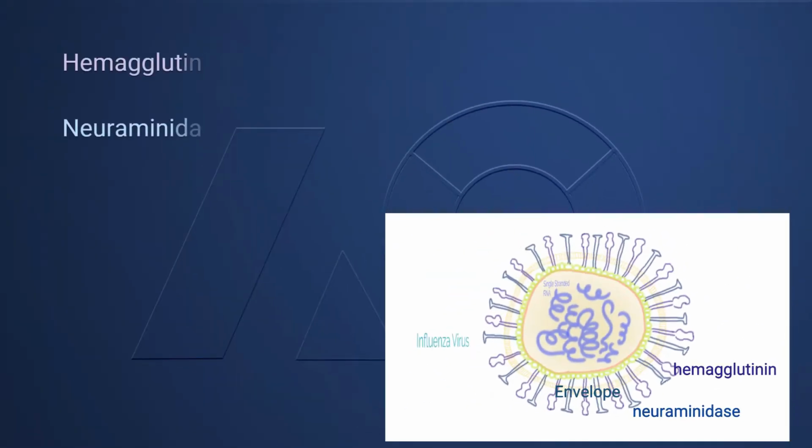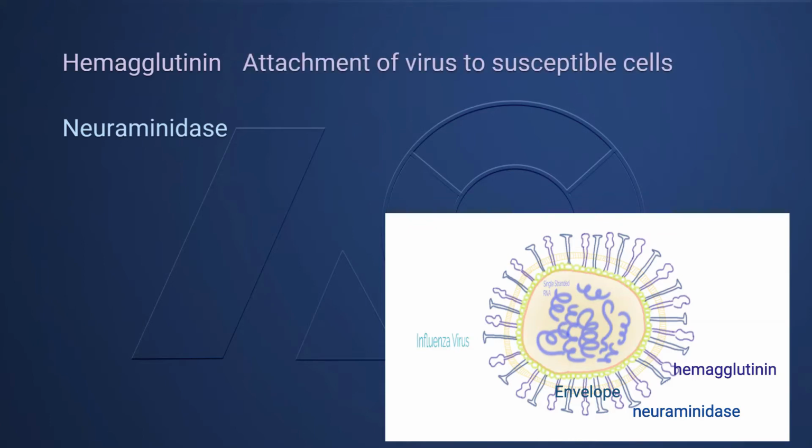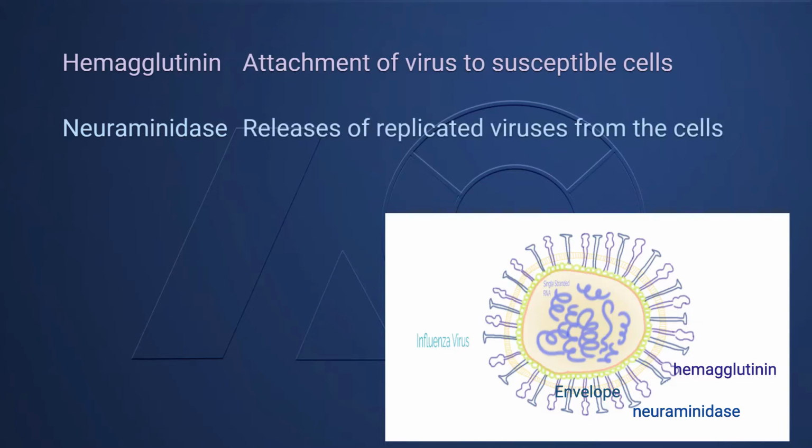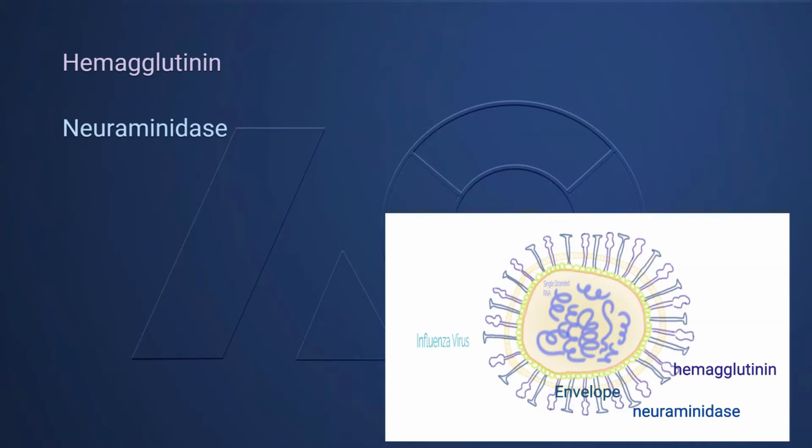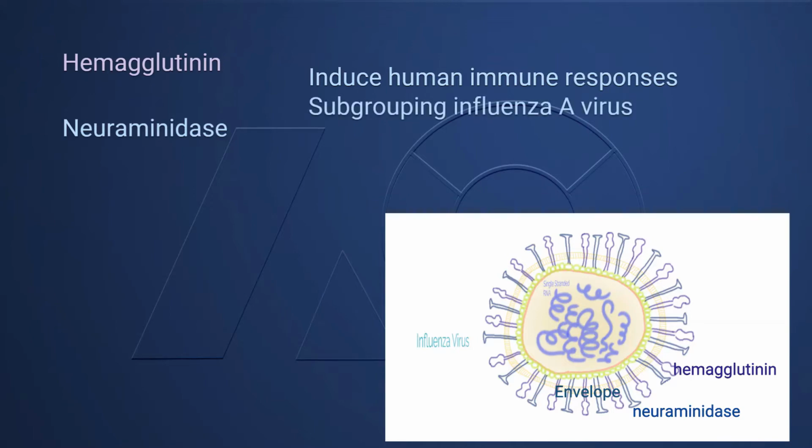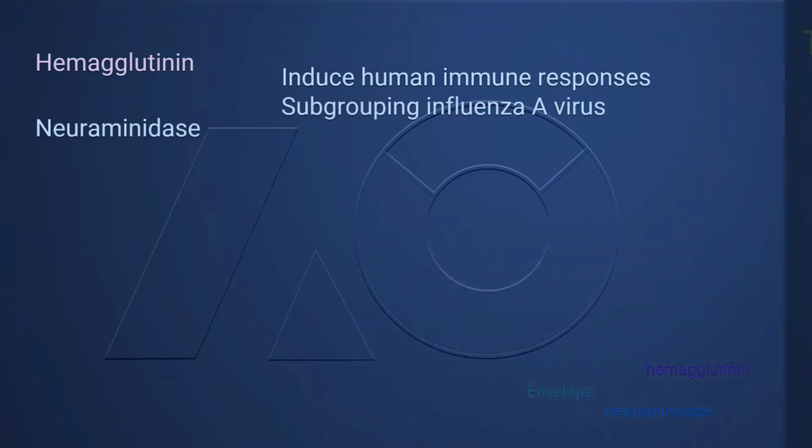The hemagglutinin allows attachment of virus to the susceptible cells, and the enzyme neuraminidase promotes release of the replicated viruses from the cell. In addition to these functions, hemagglutinin and neuraminidase are the antigens inducing human immune responses, and they are used for subgrouping influenza type A viruses.